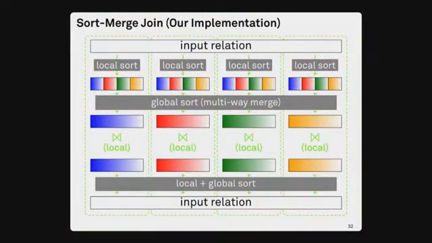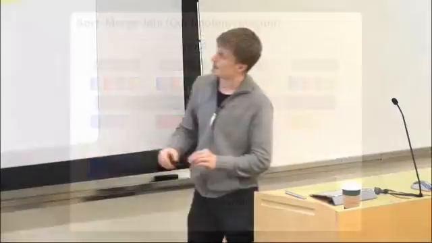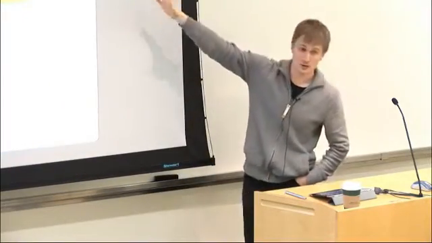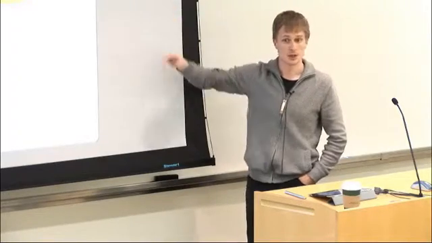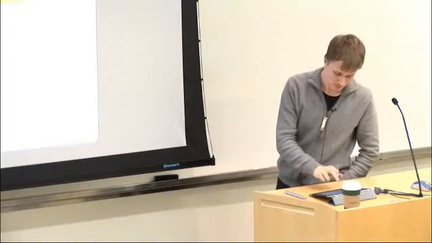Alternatively, what you can do is you can do local sorting first, and then achieve global sorting with this merging operation, as I sketched before, and then you end up with a globally sorted result. You can either choose this or you can do the range partitioning and then the local sorting first. Doesn't make so much of a difference.